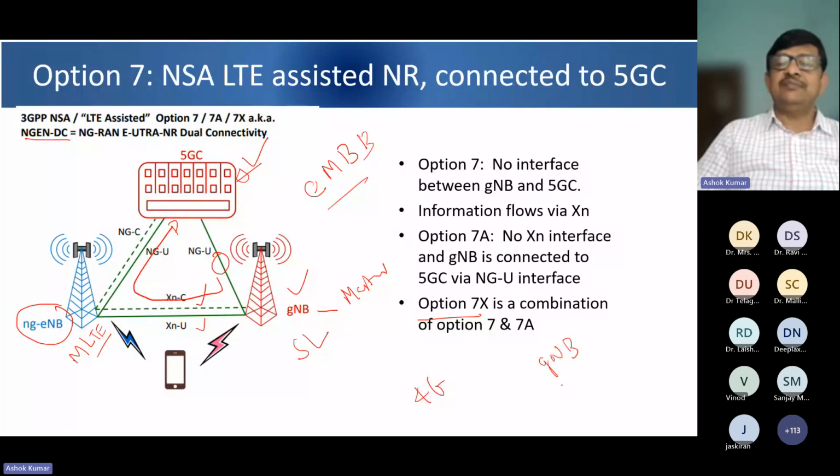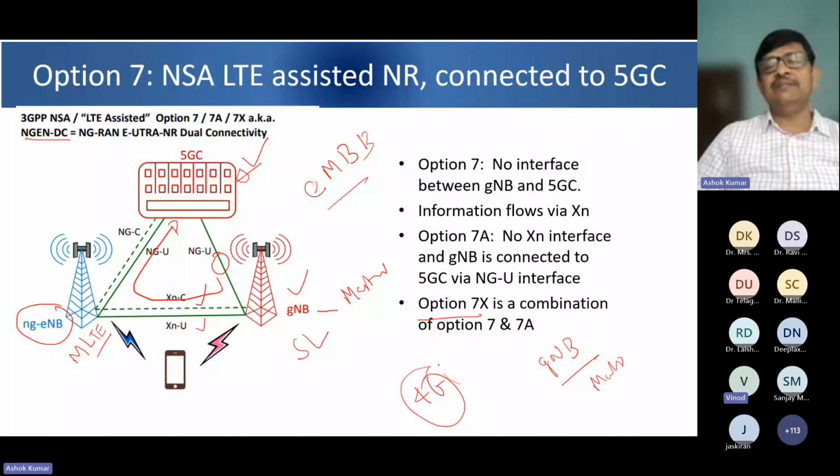Later on they can make the gNode B the master and the 4G network the slave network. That's the possibility, and in that case they can realize all the eMBB, URLLC and mMTC features. But with this NSA architecture, they can only enjoy the eMBB feature. Okay, sir. Thank you.